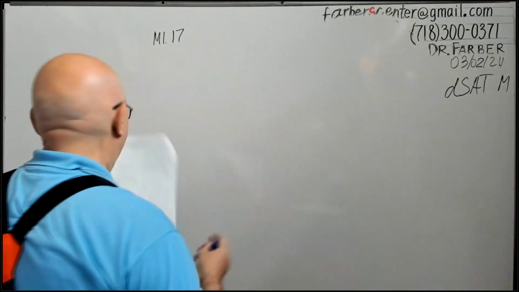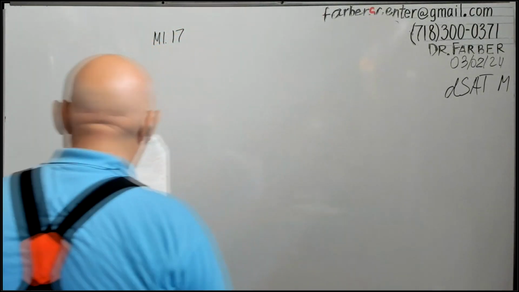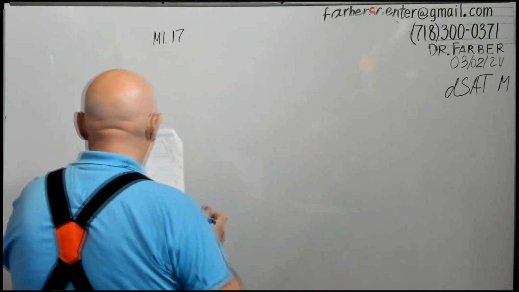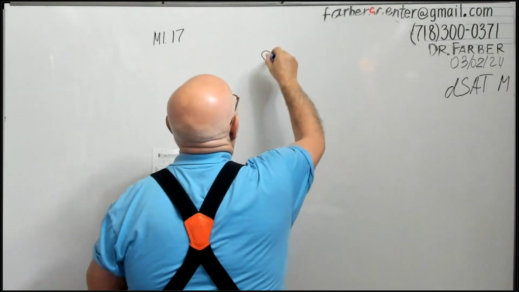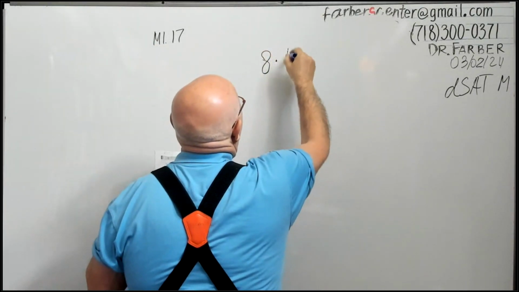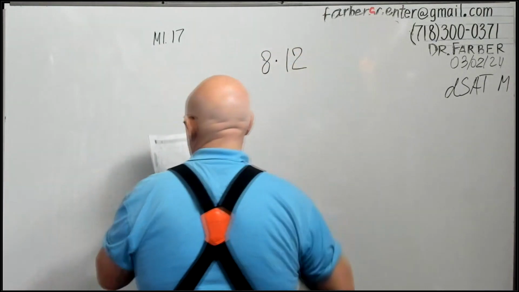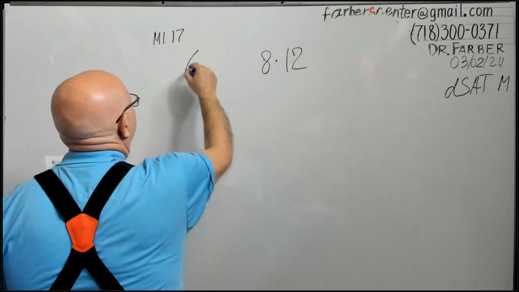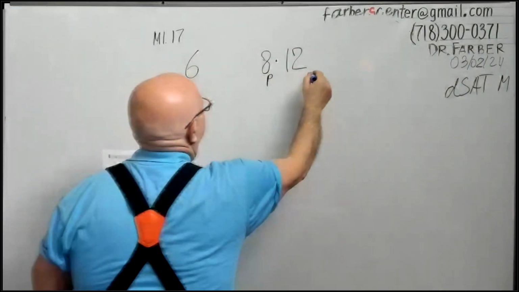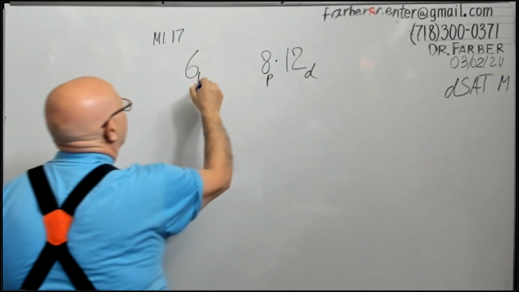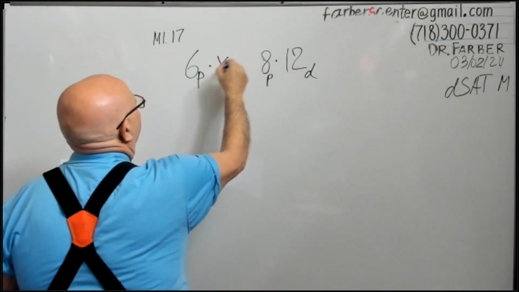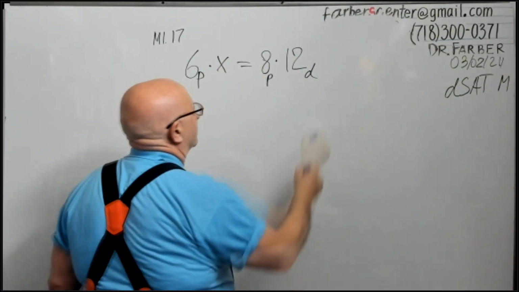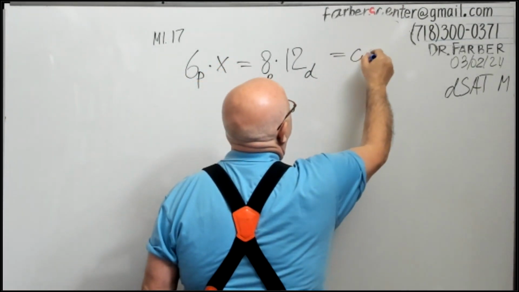So what we have here: 8 people times 12 days. If there are 6 people, how many days? Product before and after is constant. Remember? Constant, the same, always.